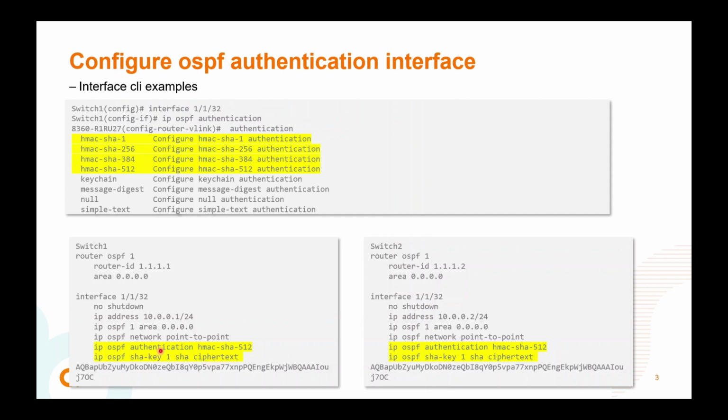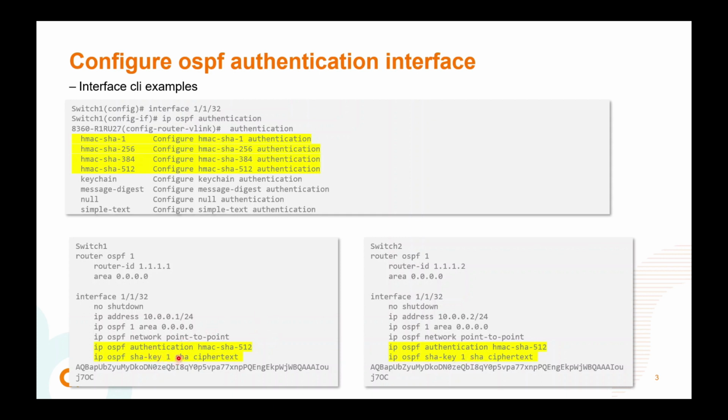But at either side of the link, we do need these three key ingredients to match. The first key ingredient we need to match is the authentication algorithm. That obviously needs to match at either side of the link. And importantly, the SHA key number needs to match either side of the link as well.